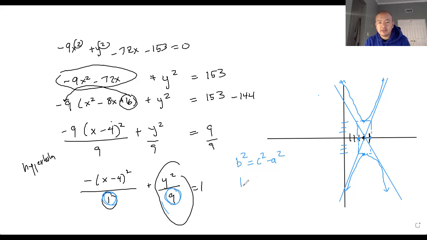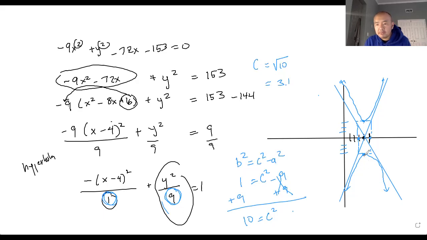So b squared is 1, which is equal to c squared minus 9. So we add the 9, and c squared is equal to 10. So you get the square root of 10, which is approximately 3.1.